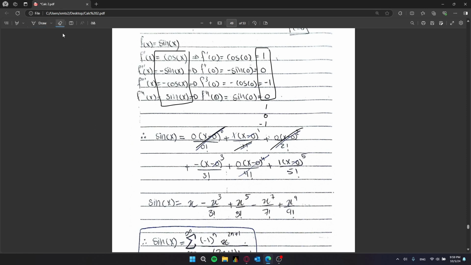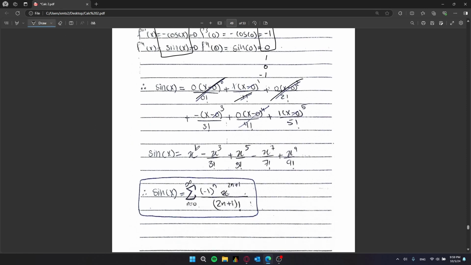So after you've simplified it, it's going to be x minus x^3 plus x^5 minus x^7 plus x^9 minus x^11 plus x^13. And all of them are divided by the factorial of the exponent. So this is going to be divided by 11 factorial, and this is going to be divided by 13 factorial.